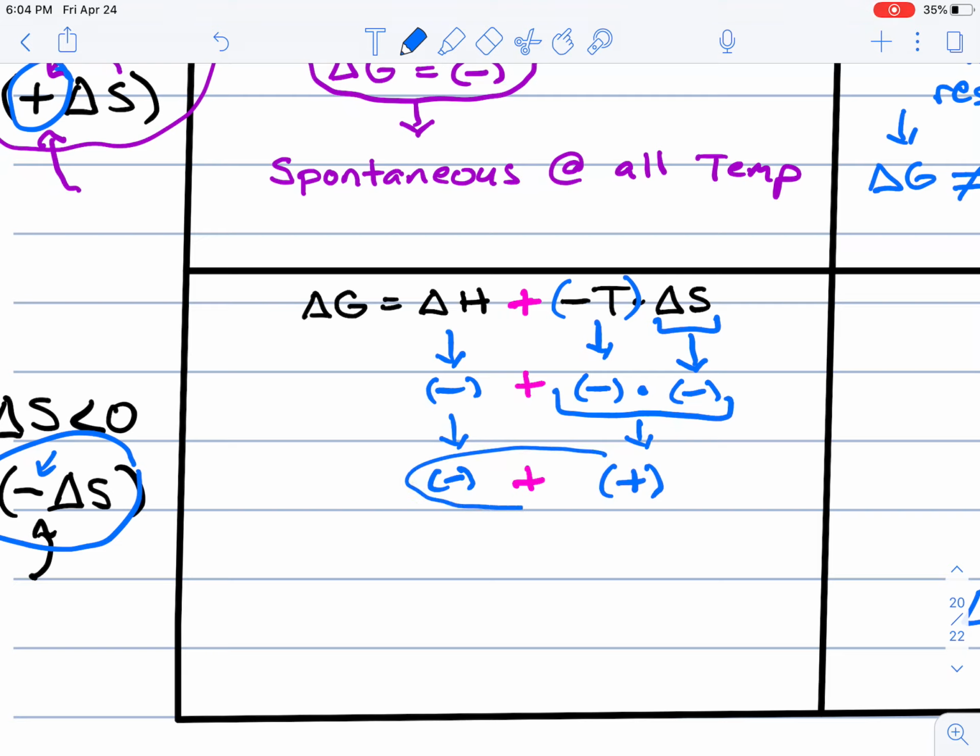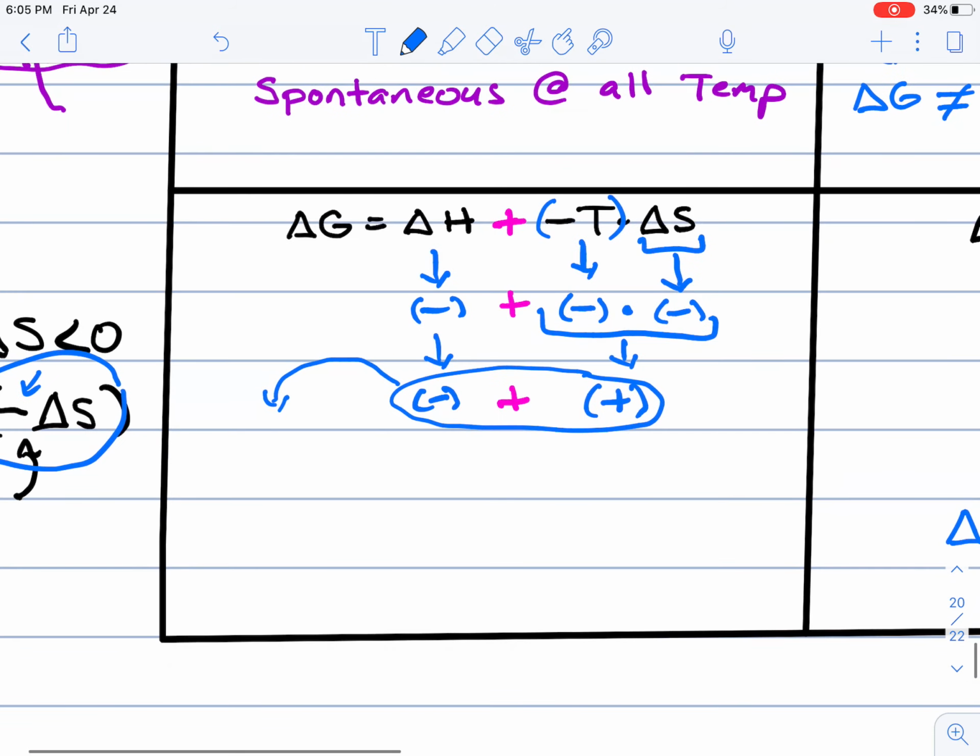Okay. And so this is telling us that when we have conflicting signs, the Gibbs free energy is going to be not spontaneous at all temperatures.